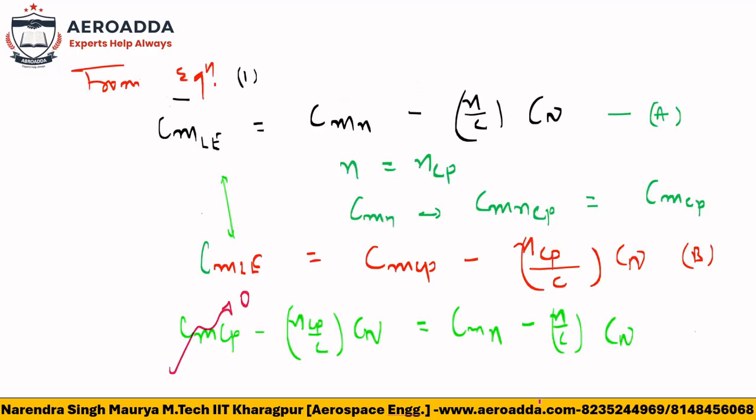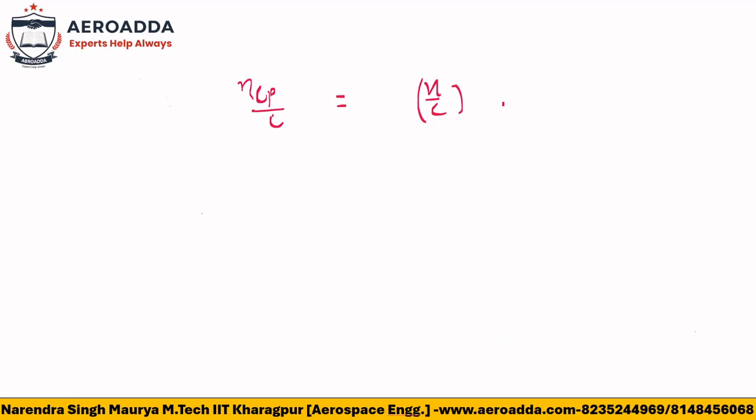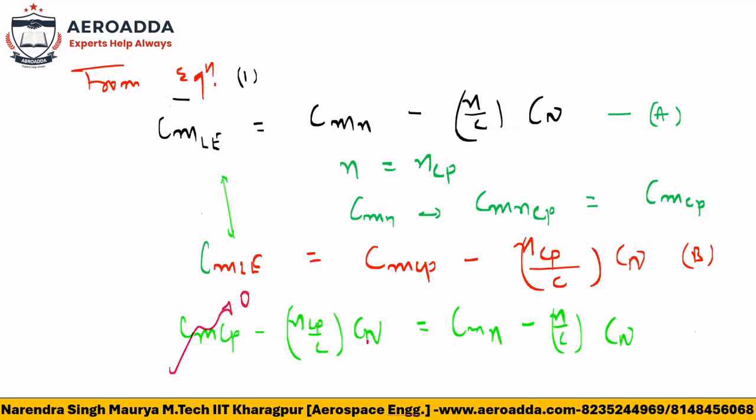So if you solve this equation direct, I will write. You will get XCP by C is equal to x by C. This equation you will get it, x by C, and obviously C is there, so C will be common, and then finally what you will get: x by C minus CMX by C. I have only taken Cn common because Cn is here and Cn is here.